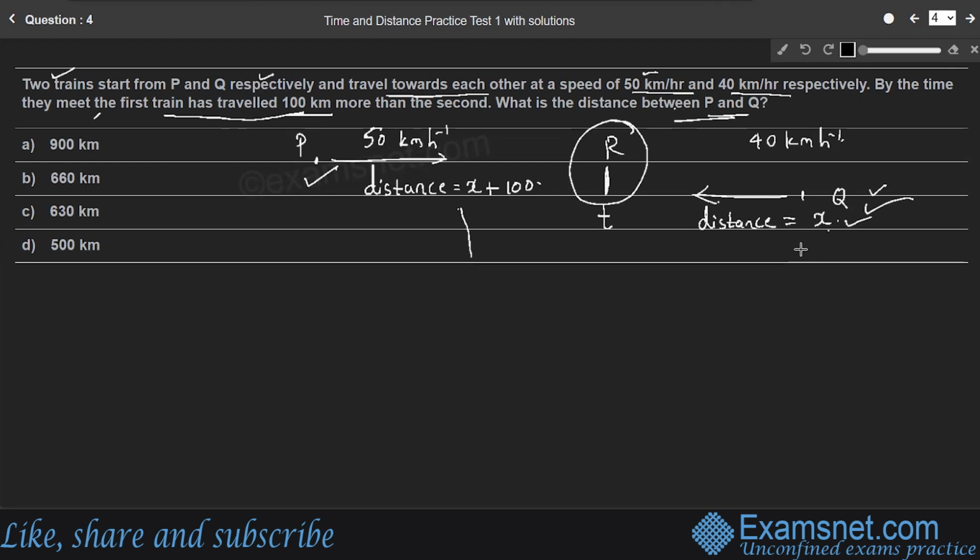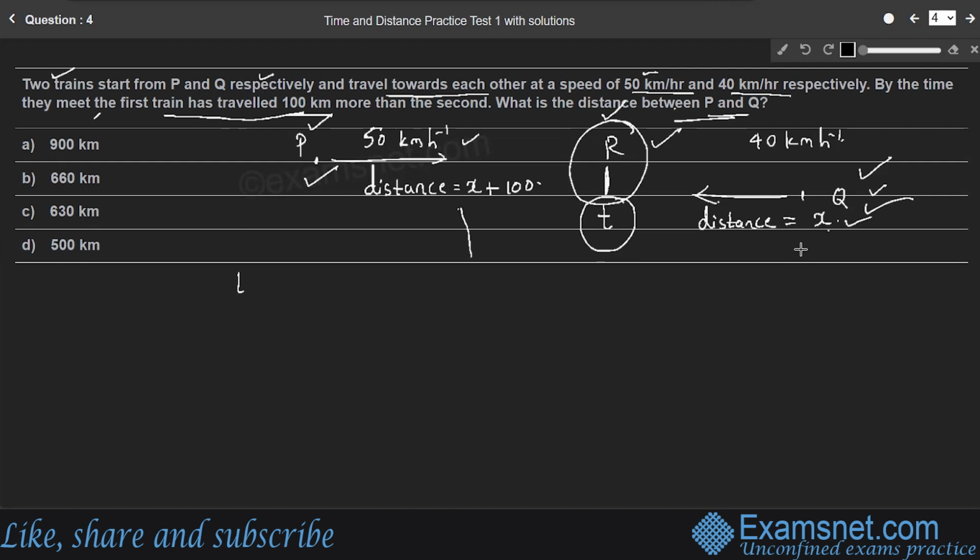For that, we'll consider the speed, distance, and time relation, right? Since time is the same here, the time taken by the first train to be at place R is the same as the time taken by the second train to be at the place R, right?